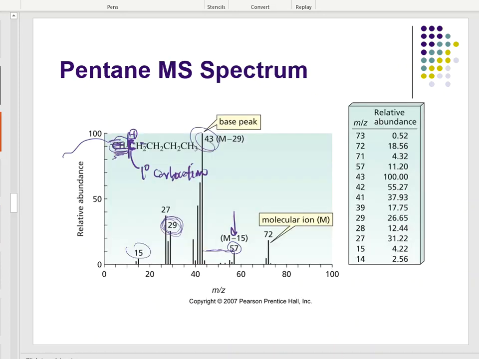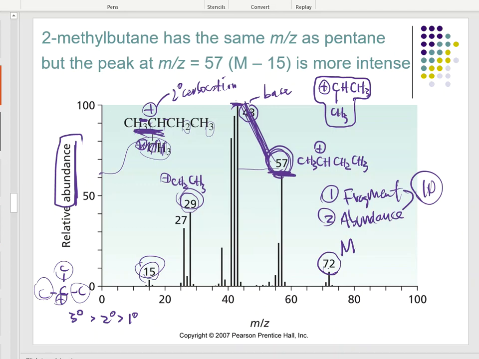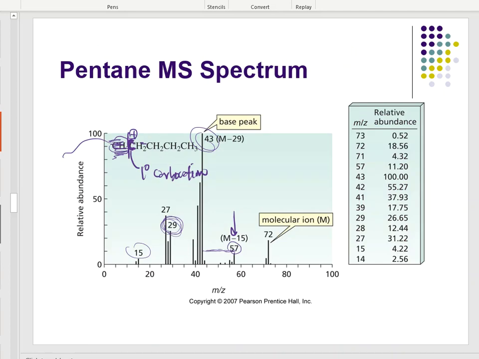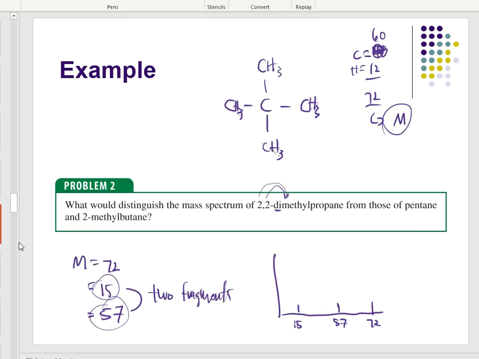Versus something like these two, where they have the same fragmentation pattern, the same pieces, they just come to me in different abundances. Well, here, I don't even have the same fragmentation pattern. I'm only seeing 57 and 15 show up. There's no way that I can cleave this with one line into two pieces to give me anything other than the 15 and the 57.